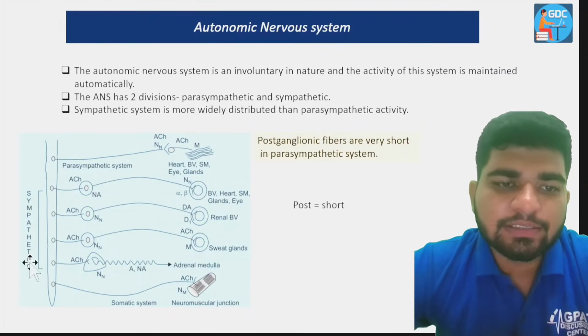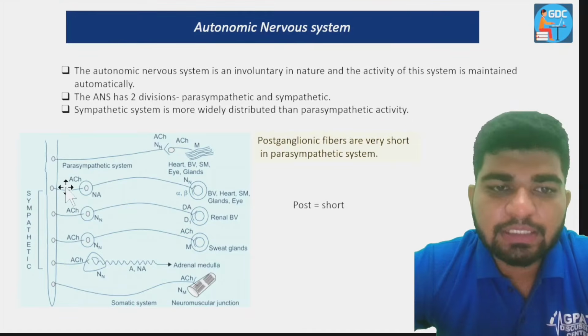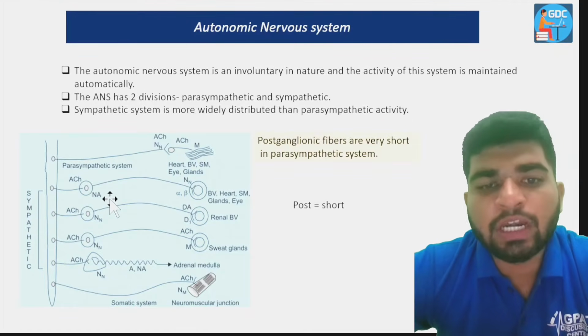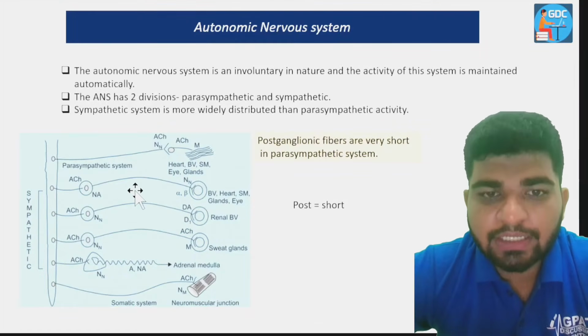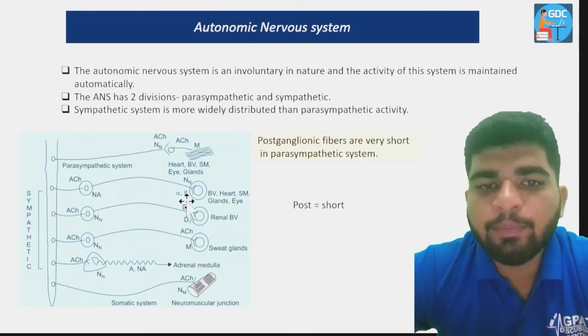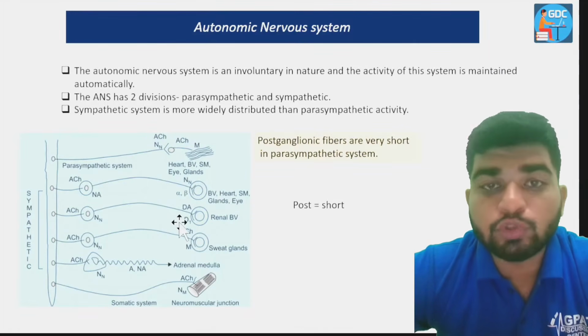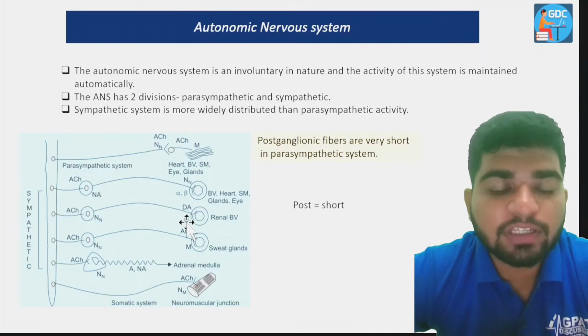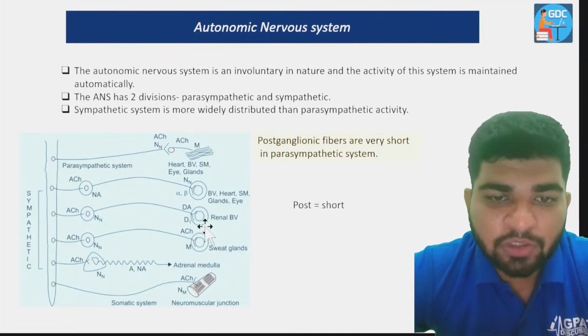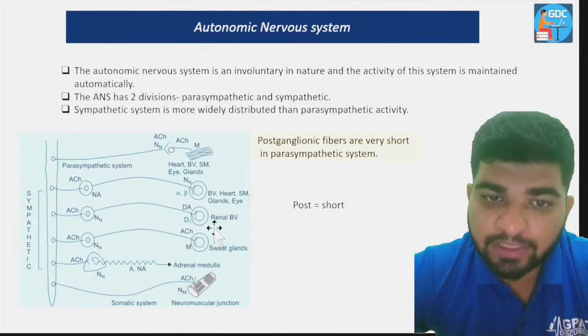Then in the sympathetic condition, you will see acetylcholine and noradrenaline. Noradrenaline acts on alpha and beta receptors. In the same way, dopamine is also a neurotransmitter, which acts on the dopamine 1 receptor.